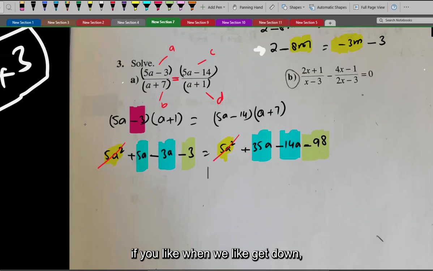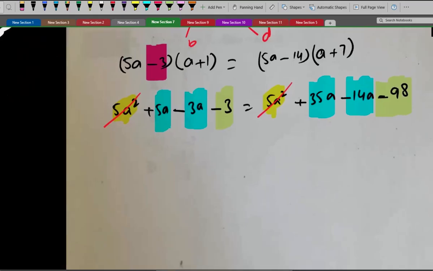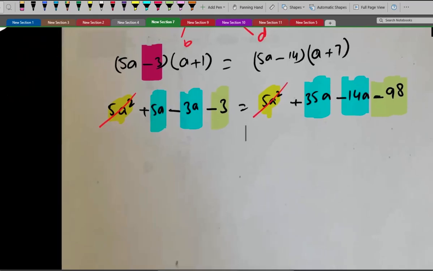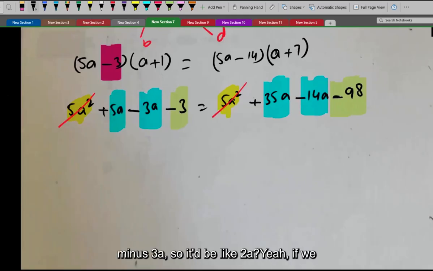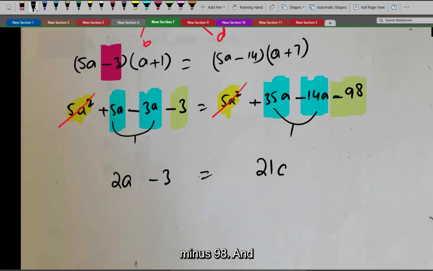Wait, when we get down, it'd be like 2a minus 3. I think so. Because it's like 5a minus 3a, so it'd be like 2a. Yeah, if we solve them here, it's going to be 2a minus 3. And if we just solve them here, 35 minus 14, how much would you get? Um, 21. Yeah, it is going to be 21a minus 98.